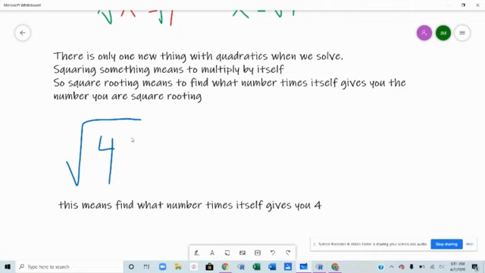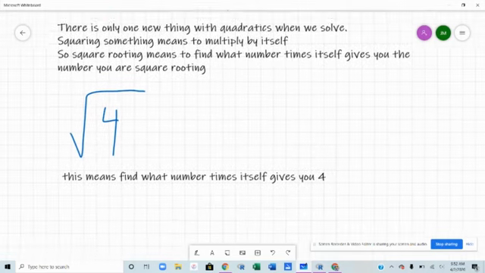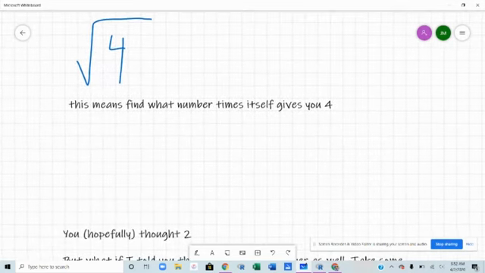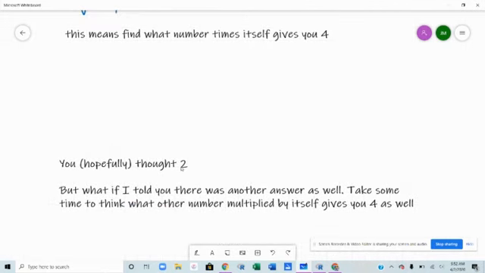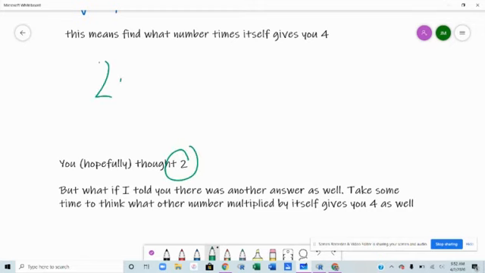Go to Desmos, use a calculator if you need to, take some time, pause this video, figure out what number times itself gives you 4. Hopefully you thought your answer was 2. Because 2 times 2 equals 4.